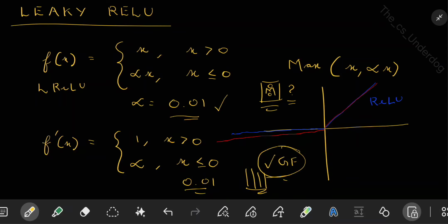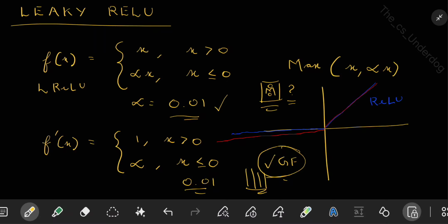Next, the dying neuron chance, the dying ReLU chance, is reduced now. Because of that, you will get faster convergence, you will be able to train faster, and a lower bias shift. What is bias shift?